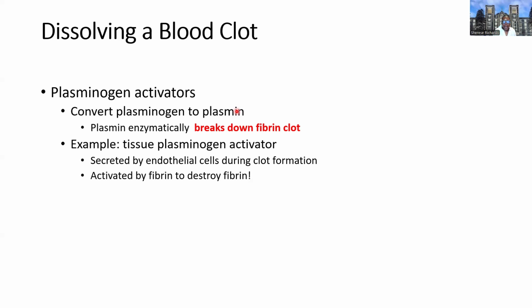TPA, made by healthy endothelial cells during clot formation, can help to destroy the fibrin, and it is secreted and activated by fibrin. So when there's excess fibrin formation, lots of fibrin clots, that can trigger the formation of TPA by the healthy endothelial cells, and that can help to degrade excess fibrin after that site of injury has been healed.